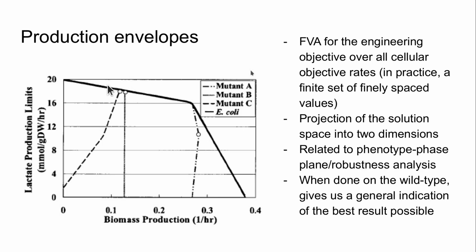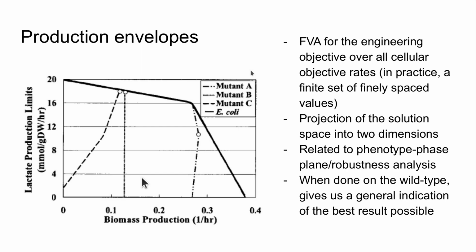Because with a knockout, we can get a mutant where the cellular objective and the engineering objective are decoupled. That is essentially what we have here, and that is undesirable. So by doing our production envelopes, we can identify whether our knockout is actually ensured to produce the objective.